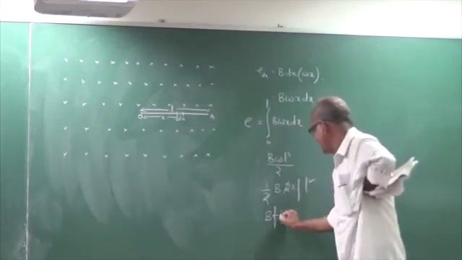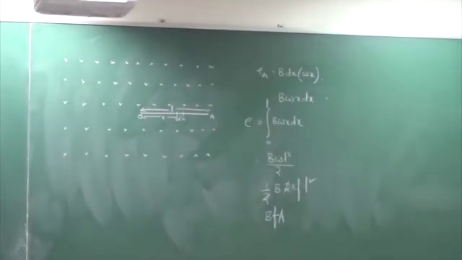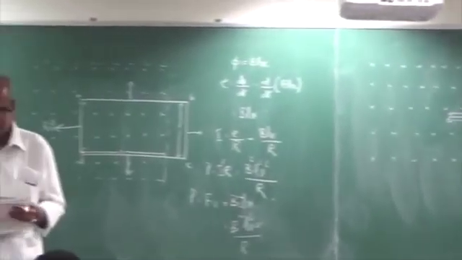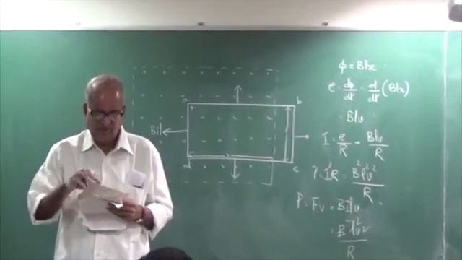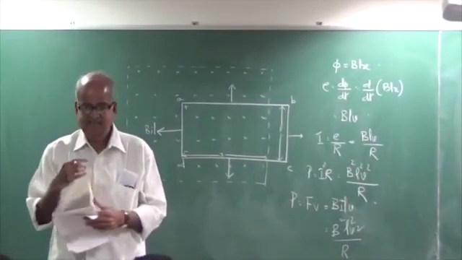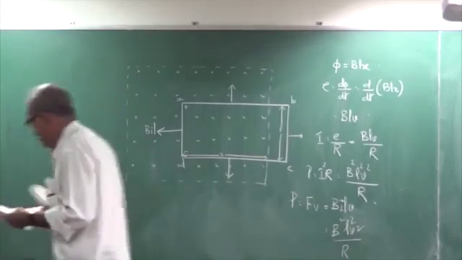Pi L squared is the area that the rod sweeps as it rotates. Will you agree?